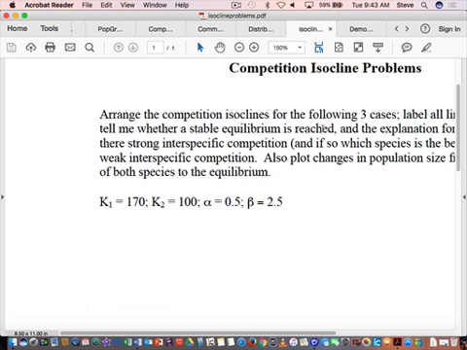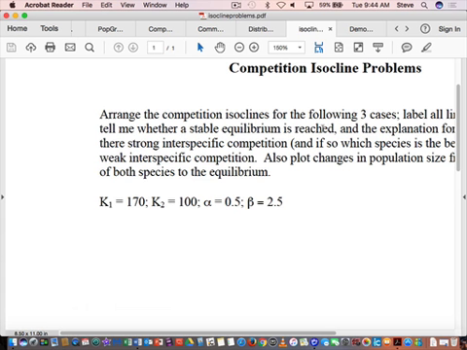And then what's the other line? K2, where does that go? Which axis? On the y-axis. No. Remember, this is species 2, so K2 goes on this axis, and it's below it because it's 100. So that's K2, that's K1 over alpha.